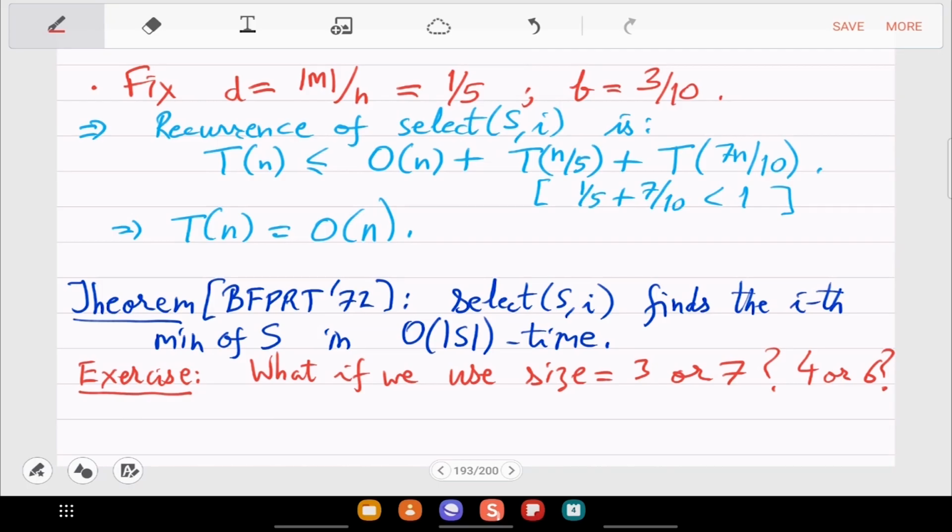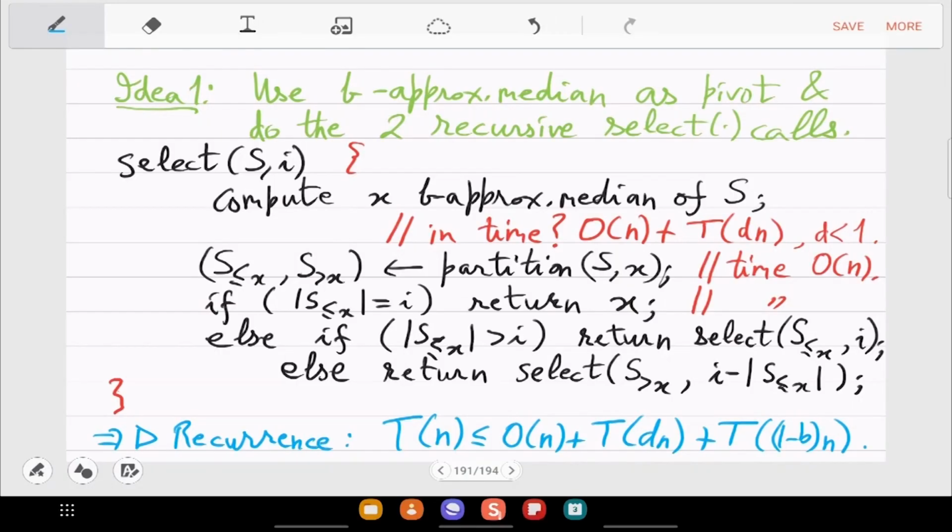Yes. How that is happening? So that was in the last class. That was here. So let's compare. So the pseudocode we are analyzing is this one, select S comma i. So which step is unclear?